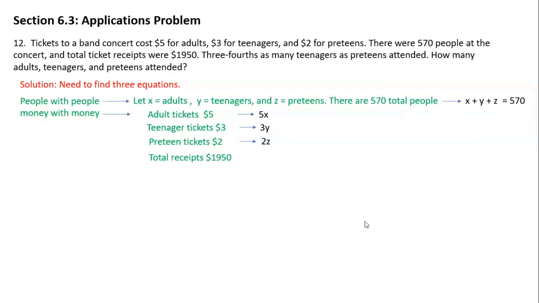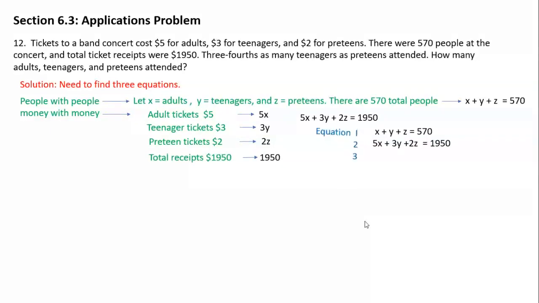So there is my second equation. My total receipt is 1950, so 5x plus 3y plus 2z has to equal 1950. I have two equations, but I needed a third one. I'm going to get that third one from the line that says three-fourths as many teenagers as preteens attended.